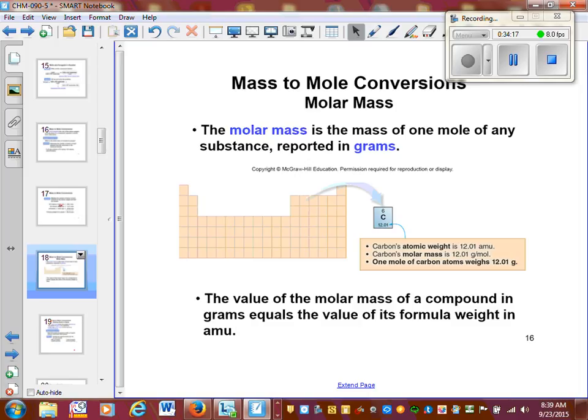Its molar mass is 12.01 grams per mole. So if I took 1 mole of carbon atoms, 6.02 times 10 to the 23rd carbon atoms, it would weigh 12.01 grams. So if I ask you what the molar mass of any element is, it's the same as the AMU.